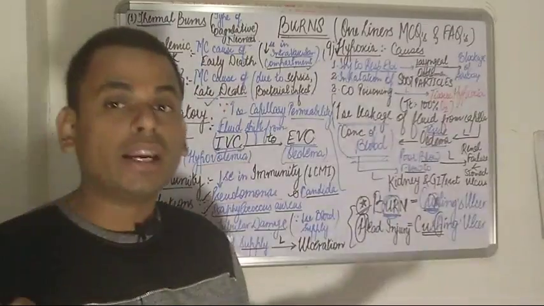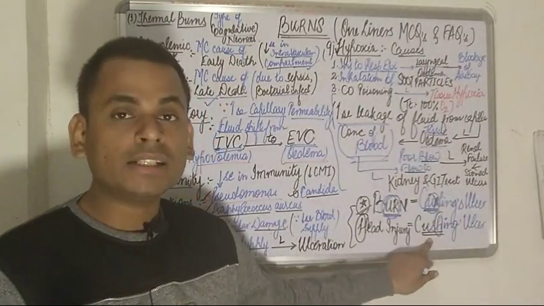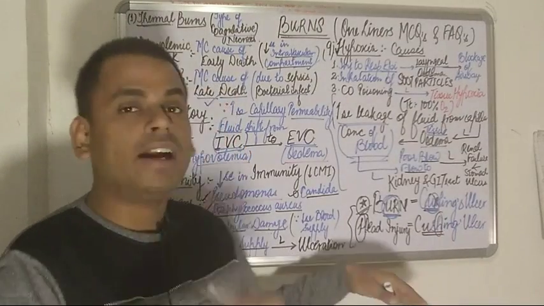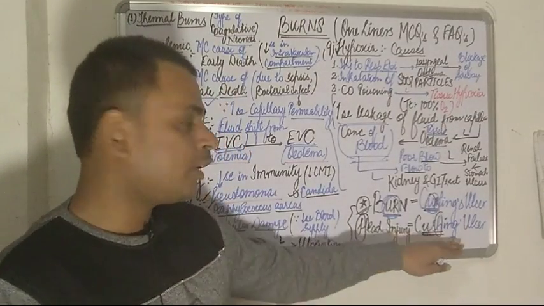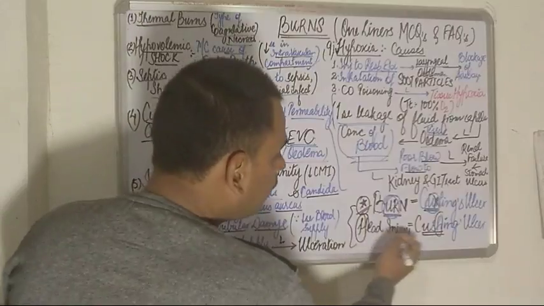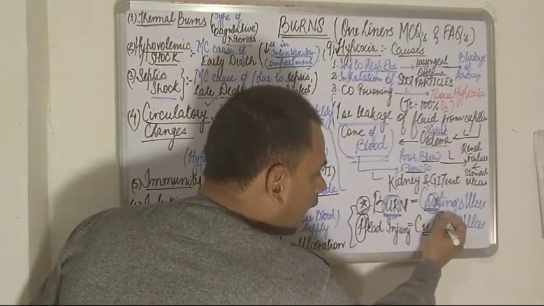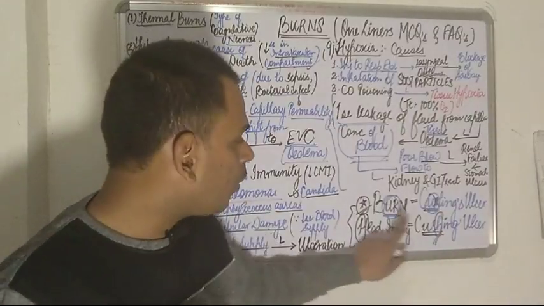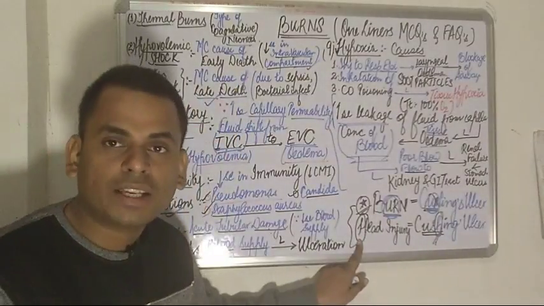And students, don't get confused with the other ulcer, the Cushing's ulcer. The Cushing's ulcer has a different mnemonic. Just remember, Cushing's ulcer has an H in it. That is, the H of the Cushing refers to the H of the head injury.